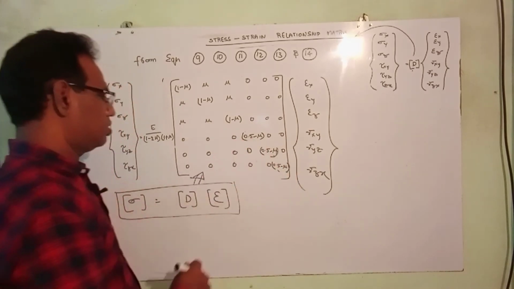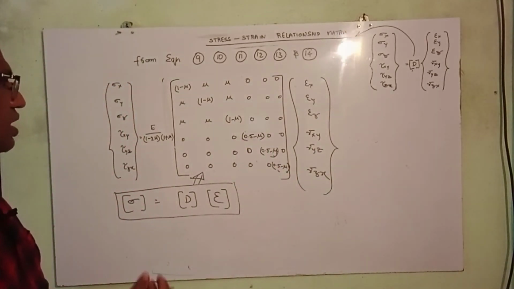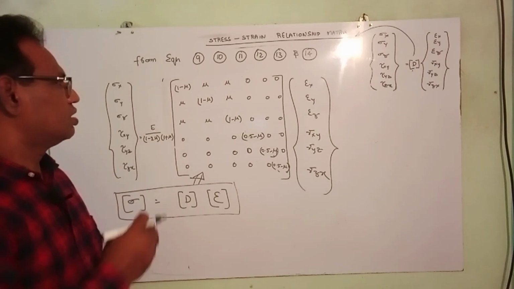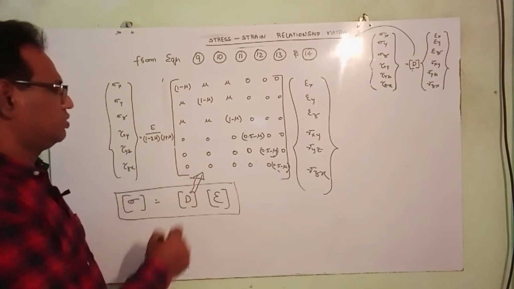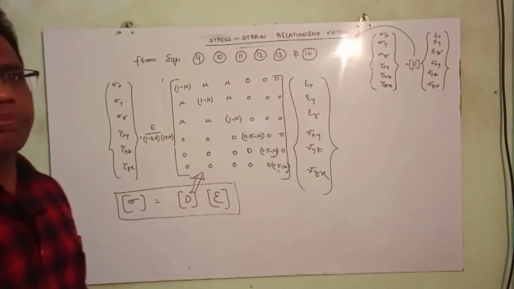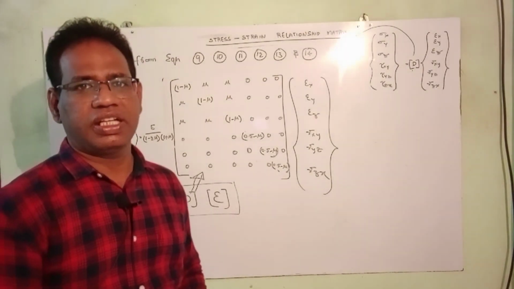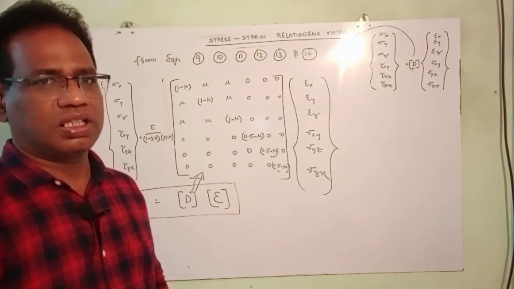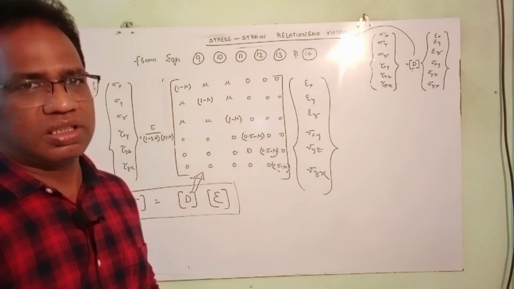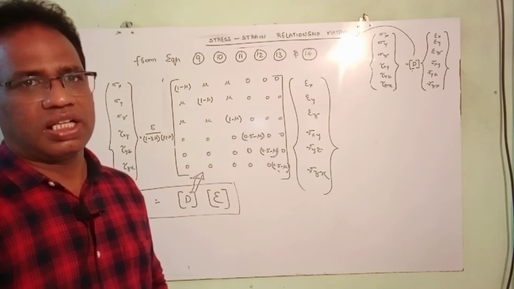This is also correct, because I just simplified it. So now this is the relationship matrix D. So this is all about the stress-strain relationship matrix for three-dimensional analysis.